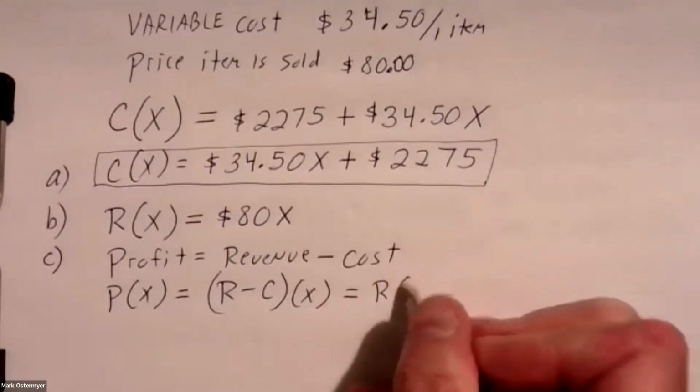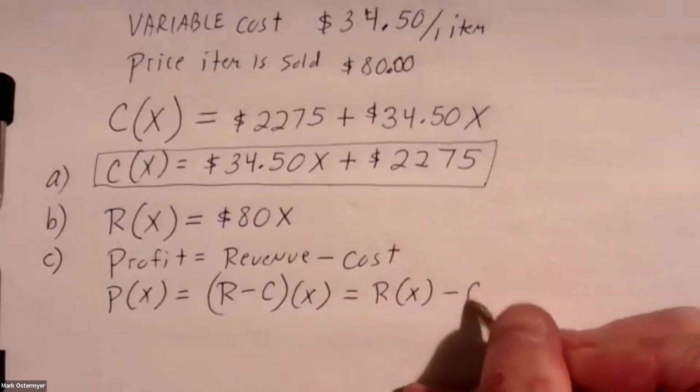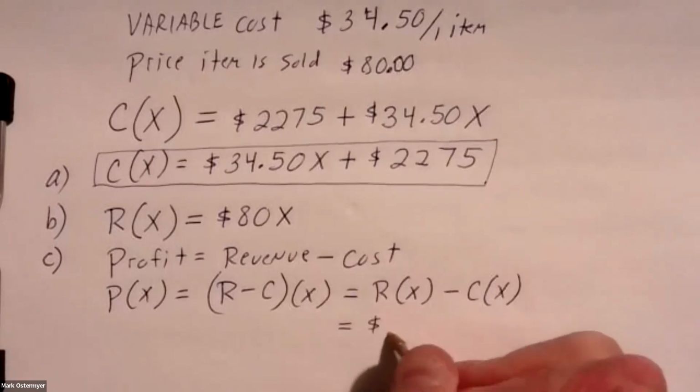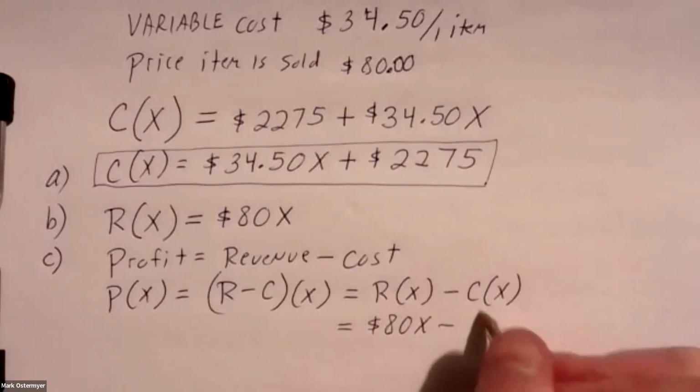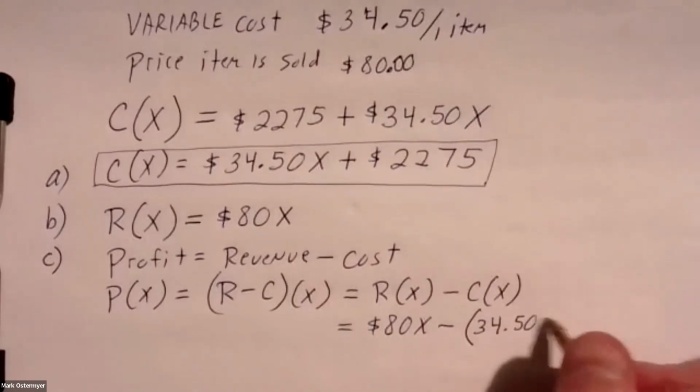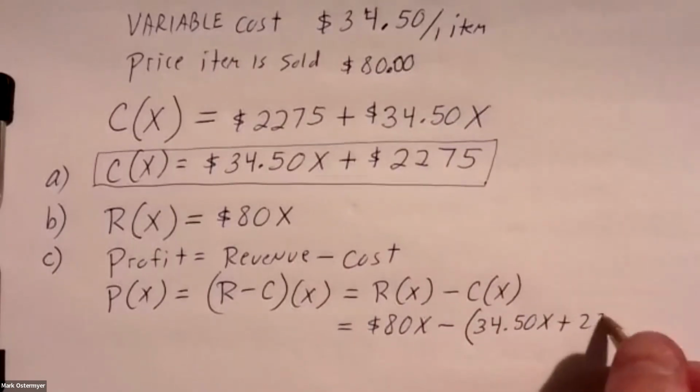This is really going to be our revenue, R of X minus C of X, our cost. So our profit is going to be our revenue, which is 80x, minus our cost function, which is to say 34.50x plus 2275.